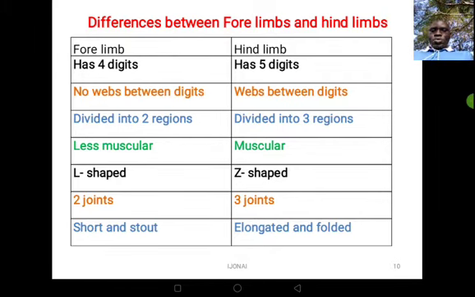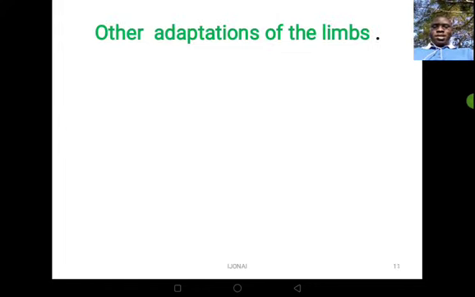The forelimb has 2 joints, and the hind limb has 3 joints. The forelimb is short and stout, and the hind limb is elongated and highly folded. So those are some of the differences between the forelimb and the hind limb. I want to task you to get this organism, compare the 2 limbs, and discover more differences between the hind limb and the forelimb.